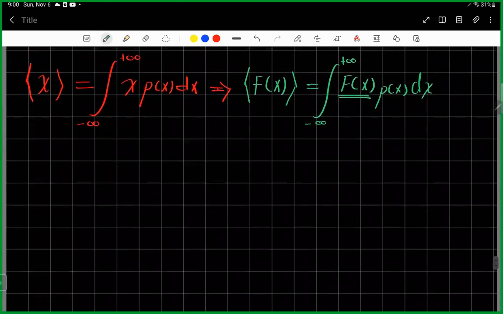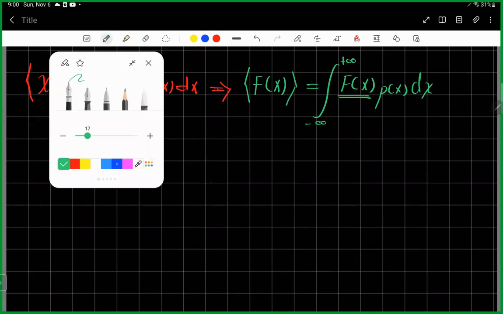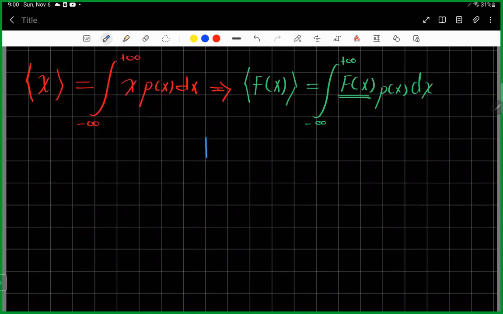So this function f, let me do the following plot. So f of x here.